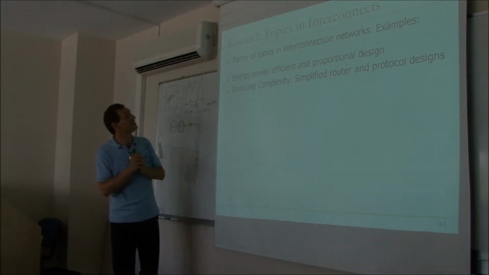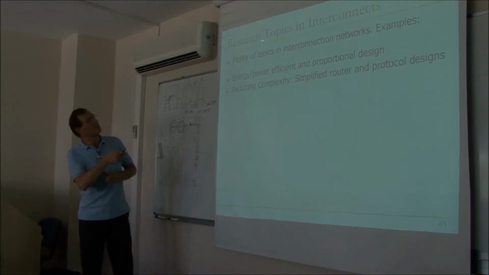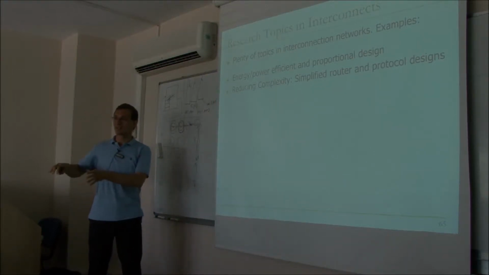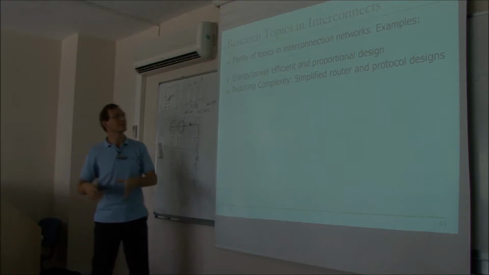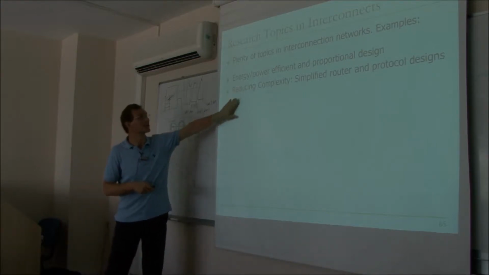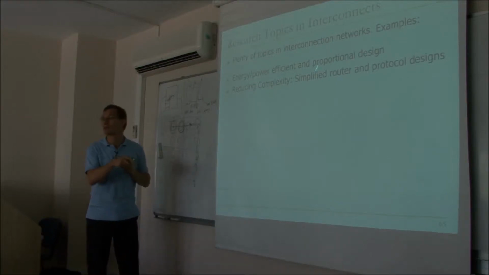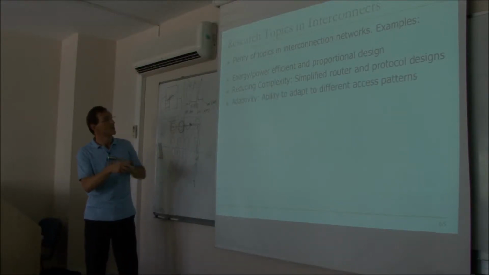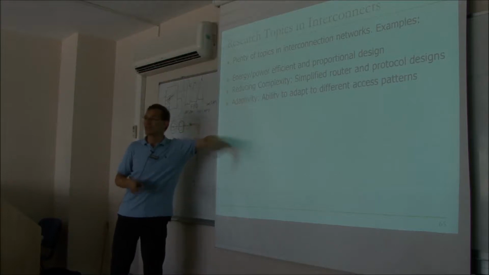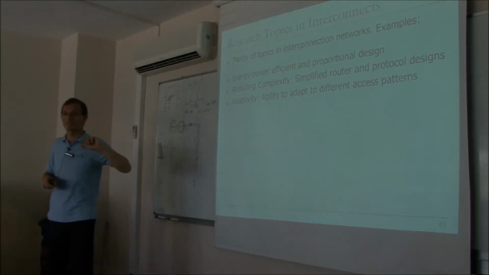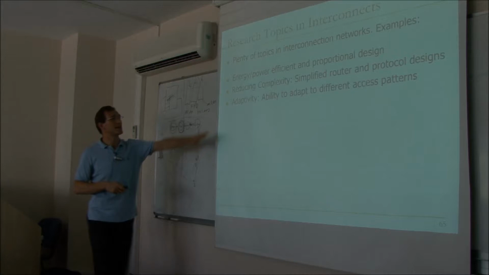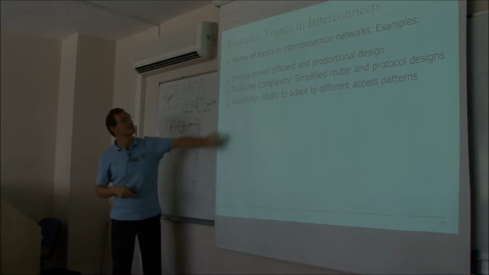So maybe I should say novel research topics, because there are a lot of topics that are interesting to look at, but they have been covered in off-chip interconnection networks. And they are easily applicable to on-chip, I think. But this part has not been covered in off-chip interconnects as much. Adaptivity, the ability to adapt to different access patterns, similar to what we've discussed in asymmetry. This is a topic that has not been covered as much, and I'm happy to talk about this.